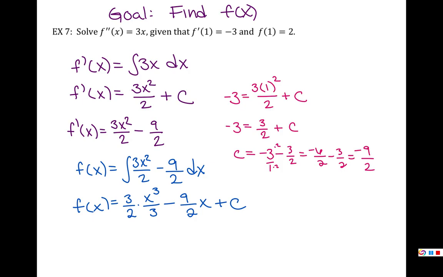The 3 halves stays there. The x squared became an x to the third over 3. Minus 9 halves is a constant. So that becomes minus 9 halves x, and then plus c.